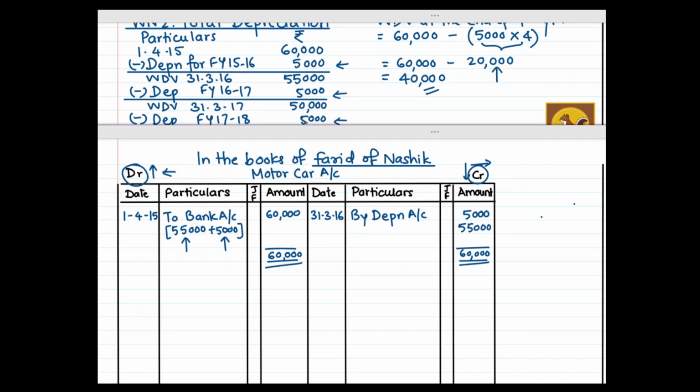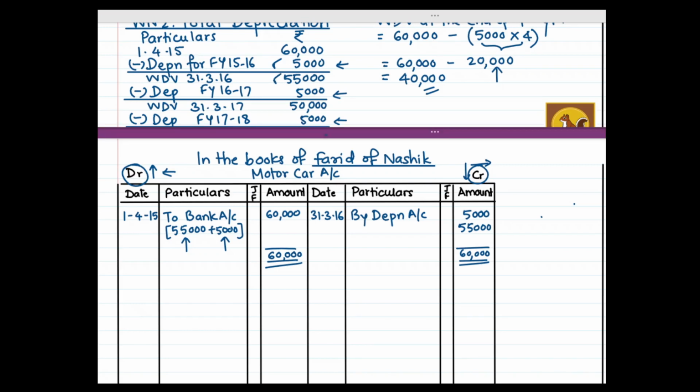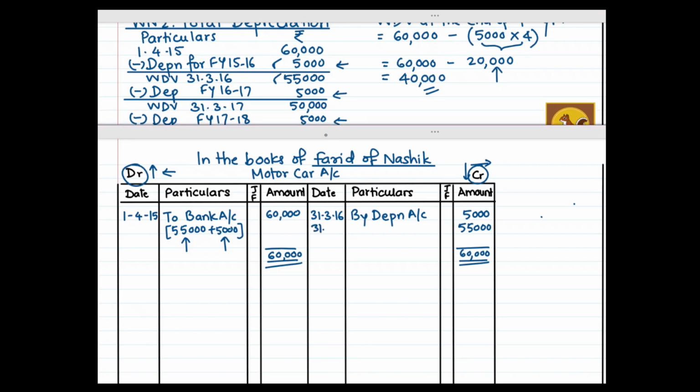Correct? This is 5,000 and this is 55,000. This will be 31/3/15 by balance close down. Next day, 1st April 15, we will carry forward this amount 55,000 to balance brought down, 55,000.